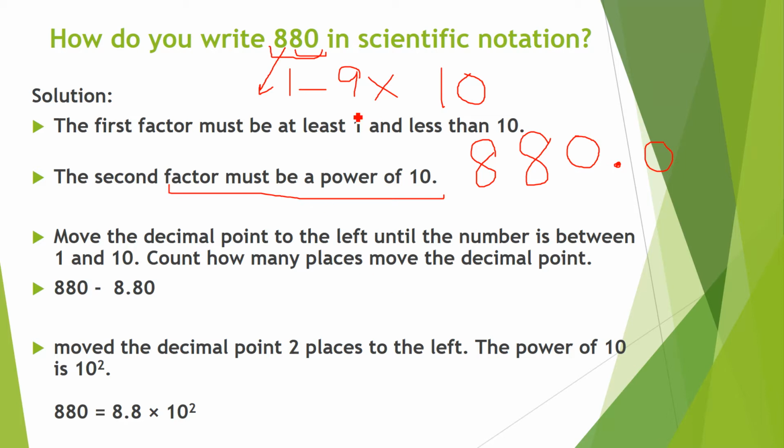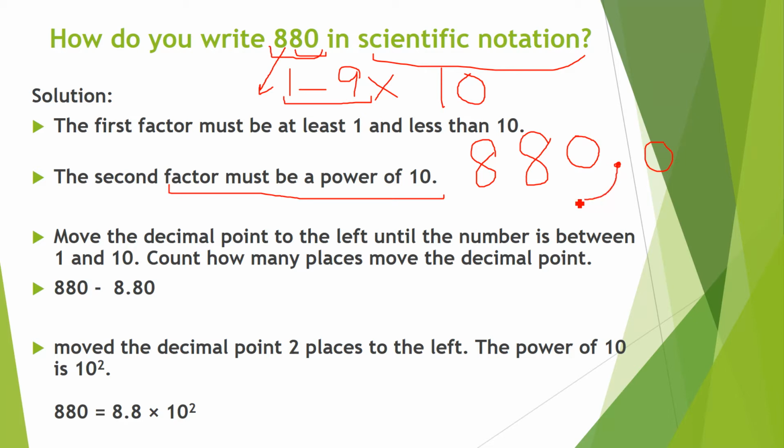So first step in order to write in scientific notation, the first factor must be between 1 to 9. So you have to move this decimal to the left hand side. In case of scientific notation, you have to move this decimal to the left hand side. But in the next slide, when we do the standard notation, you have to move to the right hand side. Keep in mind. So in scientific notation, you have to move your decimal to the left hand side.